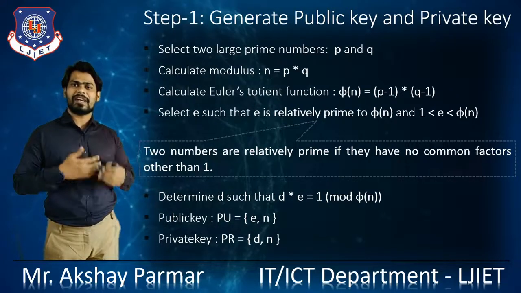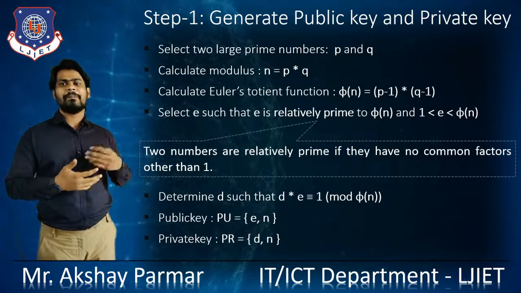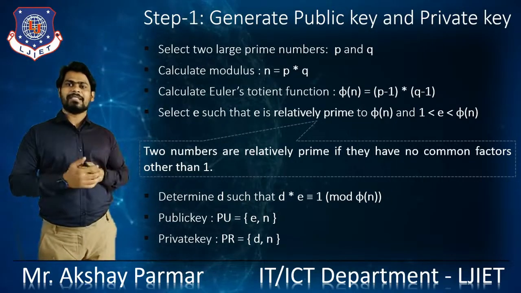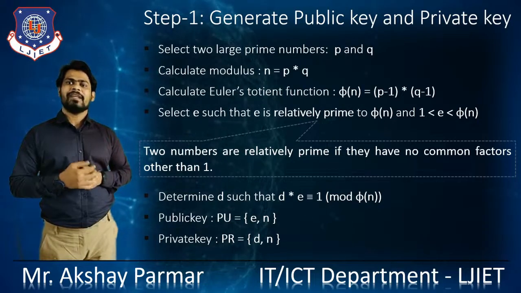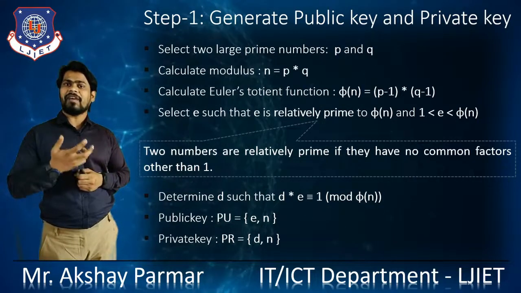That's how we generate the public key and the private key. The public key is determined by E. How do you select that E? E is a number relatively prime to phi n.